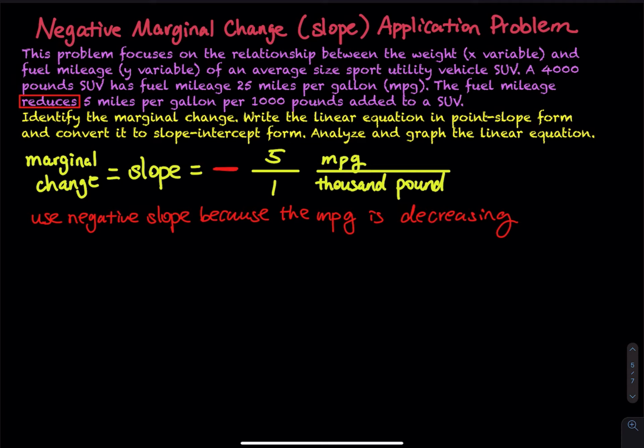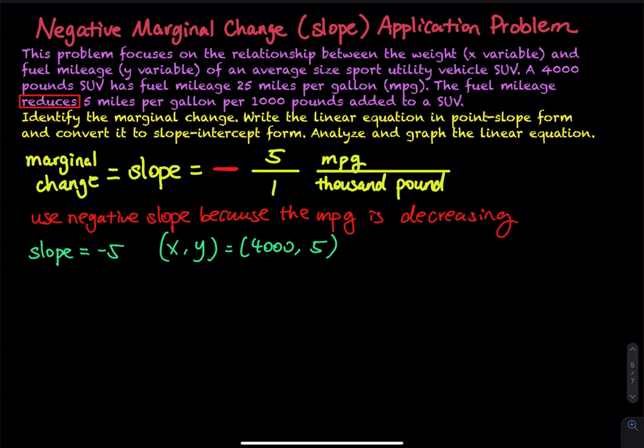So first, to write the point-slope form, I need the slope. So we got the slope already. So we have slope equals -5, which is the marginal change. And then there is a given condition, 4,000 pounds SUV has 25 mpg. So when x is equal to 4,000, the mpg is equal to 5.